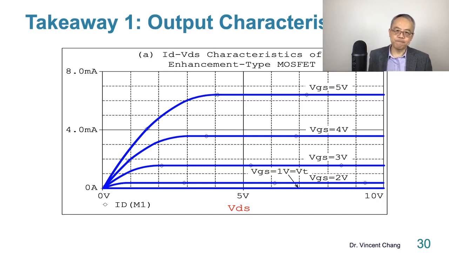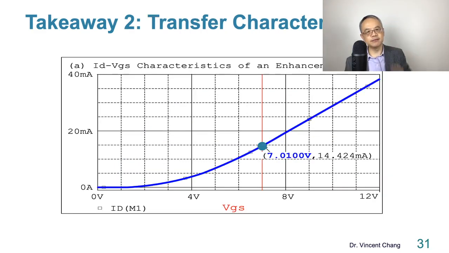Here's the takeaway. We use SPICE to simulate two characteristics. Number one is the output characteristic. Use the DC sweep command. All right, triode versus saturation. But this is a tricky part. When you simulate the transfer characteristic, if you keep increasing VGS, then at a smaller VGS, the device is going to be in the saturation region.